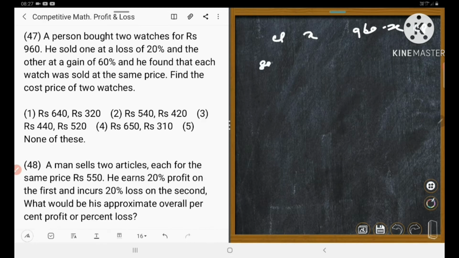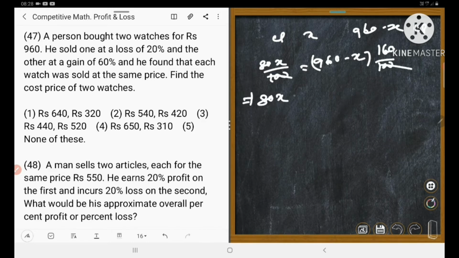So 80x upon 100 is equal to (960 minus x) into 160 upon 100. That is not 60. The 100 will be cancelled.